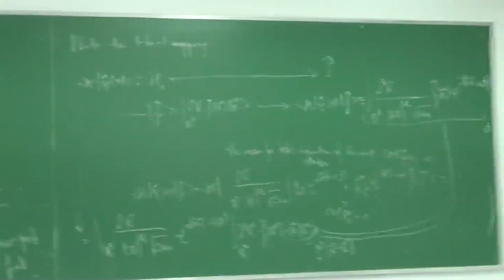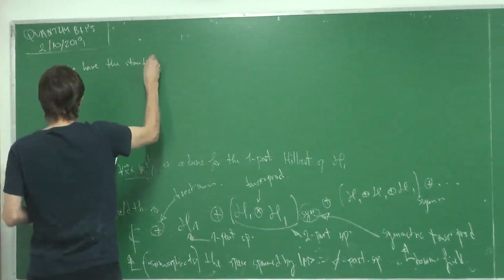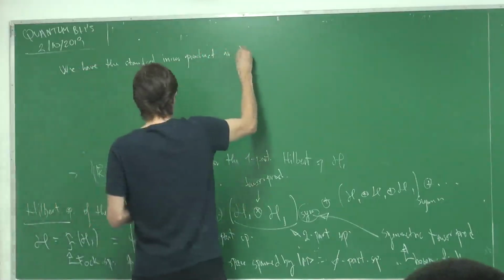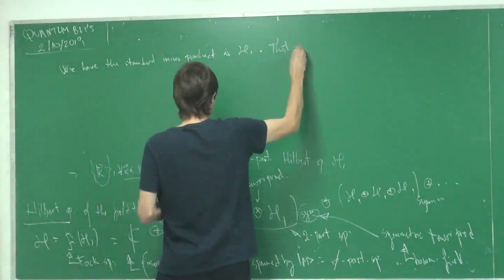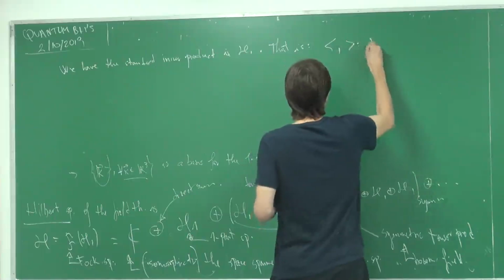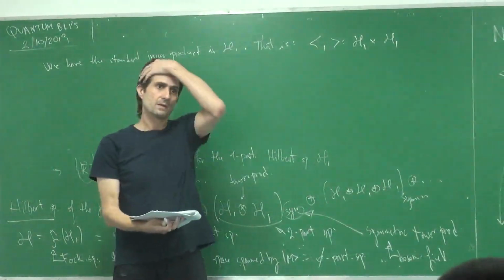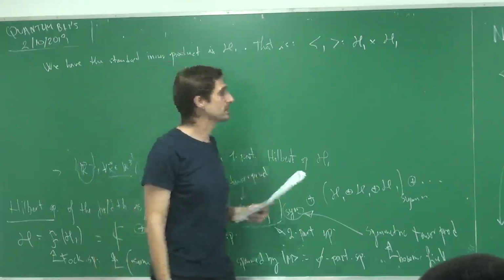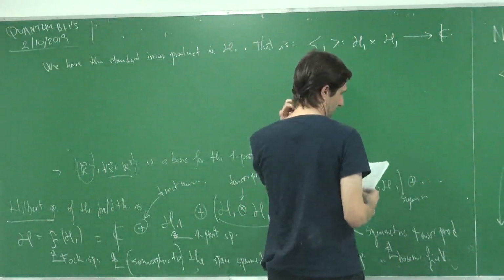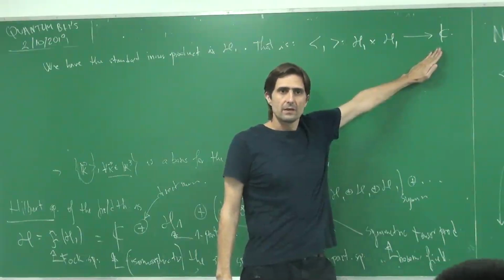So in H1, we have the standard inner product. So what do we mean by the standard one? It takes pairs of elements of the one particle Hilbert space.